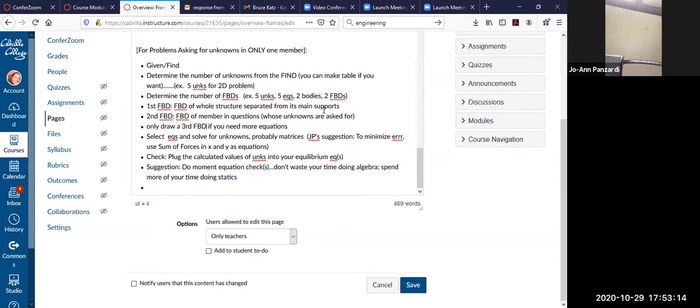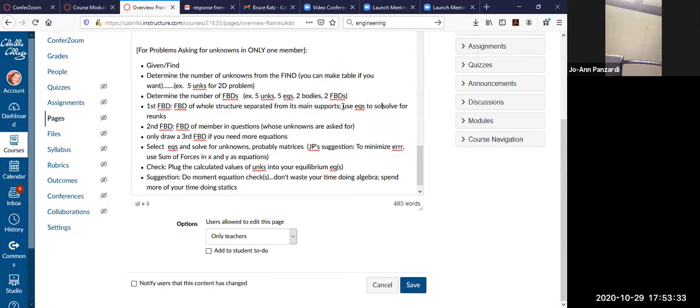Solve for unknowns. Use equations to solve for unknowns requested. Does that make sense?